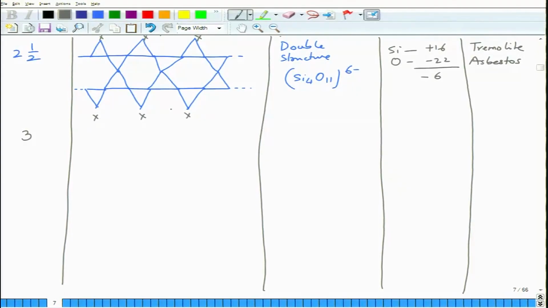So effectively it works out to be 2.5, because some of them are paired in 2, some of them are paired in 3. So the three-fold sharing is in this fashion. If you continue this, the same structure is present.